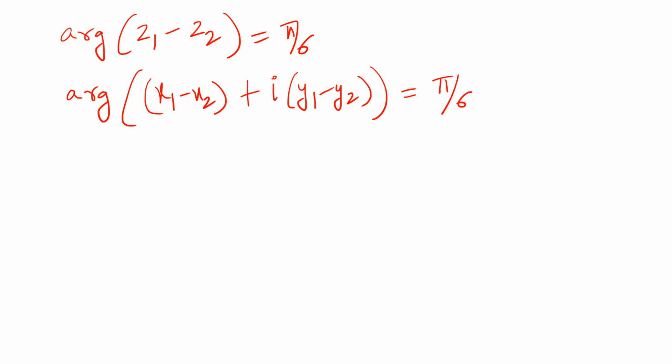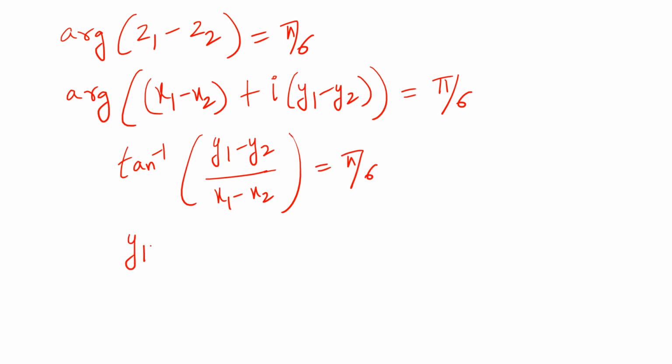And argument of x plus iota y is tan inverse y by x. So clearly I can write tan inverse of (y1 minus y2) upon (x1 minus x2) equal to pi by 6.